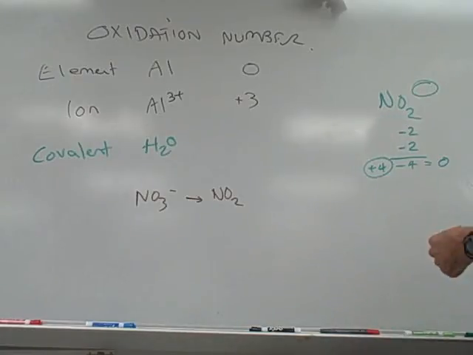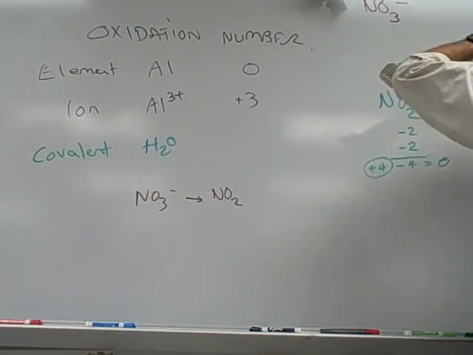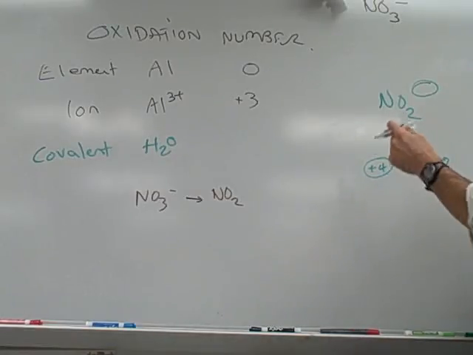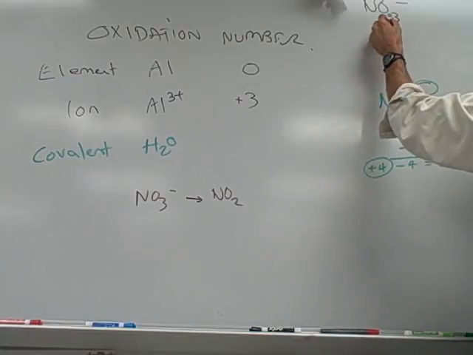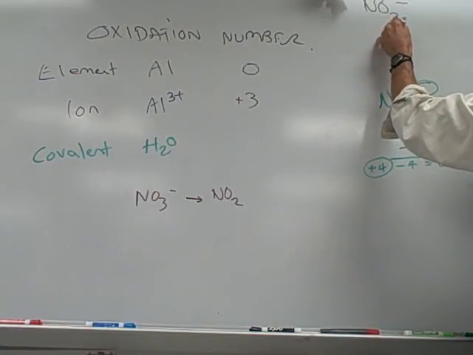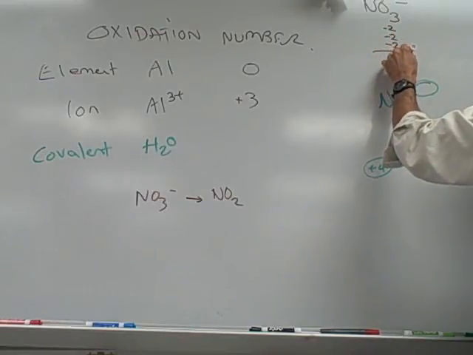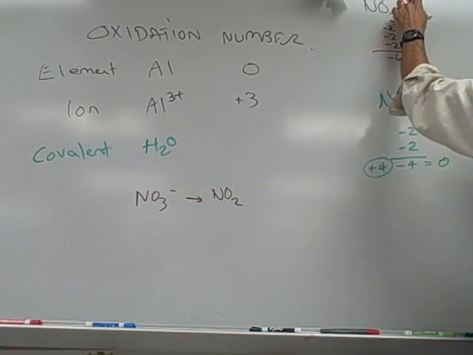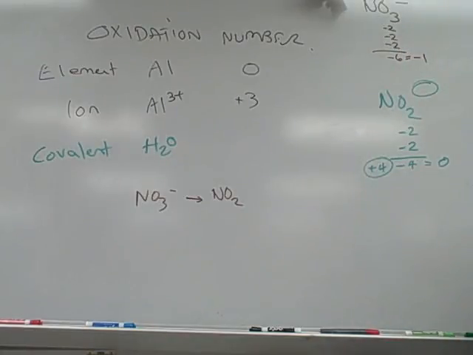Let's try the other one, the nitrate. What's the oxidation number on oxygen again? -2. There are 3 of them, so it's -6. Now notice, this thing has a charge, so when we're done, it has to end up -1.